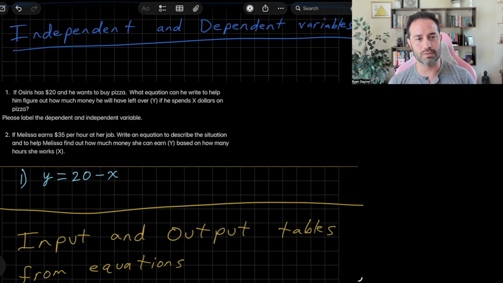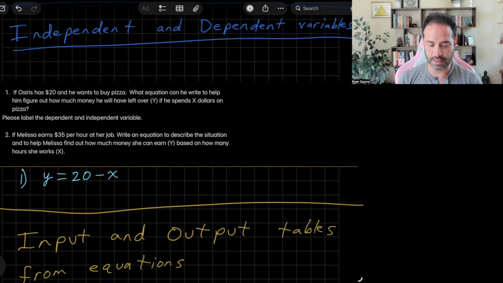Okay, so let's look at this. The money left over, and then the money that he's spending. You can look at it like this: the money that is left over will depend on the money that he spends.